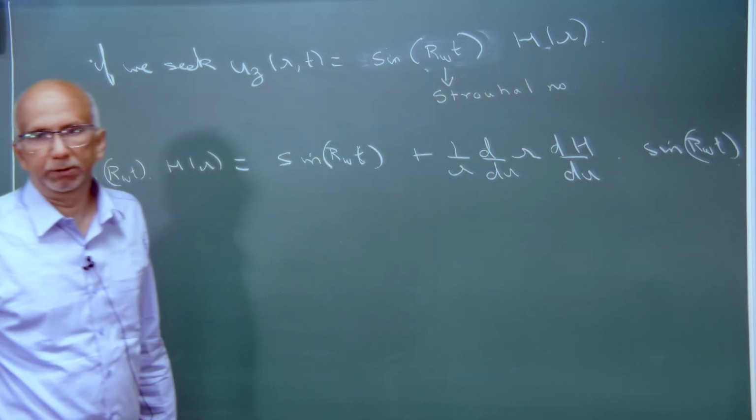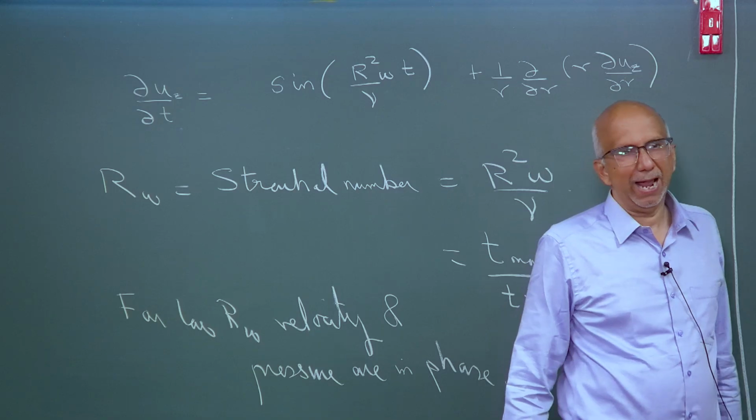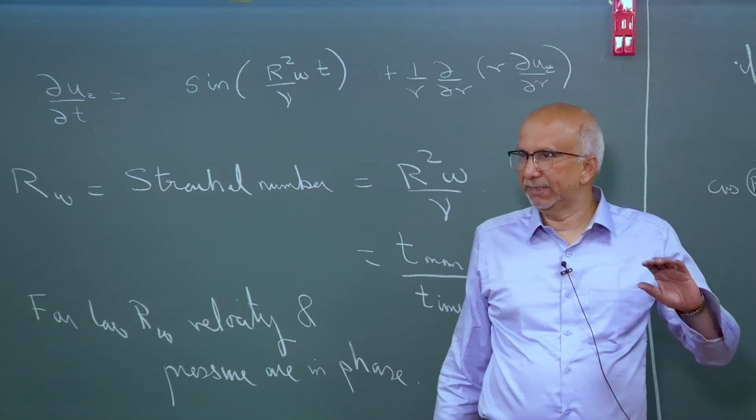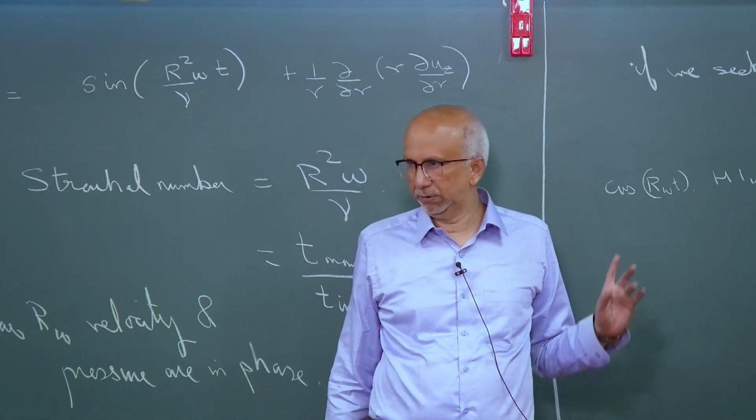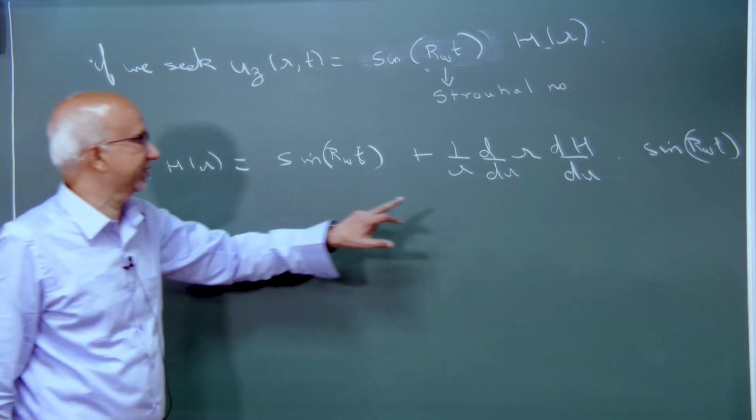This is what we got, okay. And what you see is that the time dependent trigonometric terms are not cancelling off, because I have cosine here, I have sine here, okay.